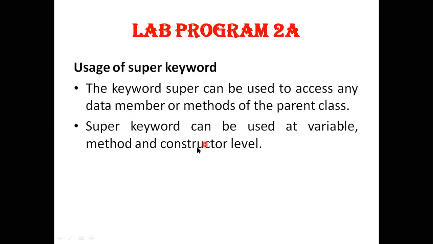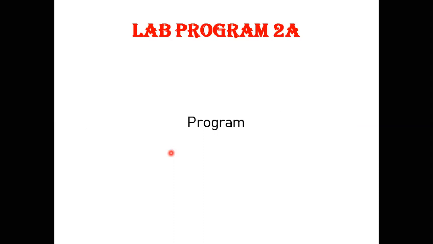So it can be used at all levels: variable level, method level, as well as constructor level. With this knowledge of inheritance, types of inheritance, and the usage of the super keyword, we will now move to the program.